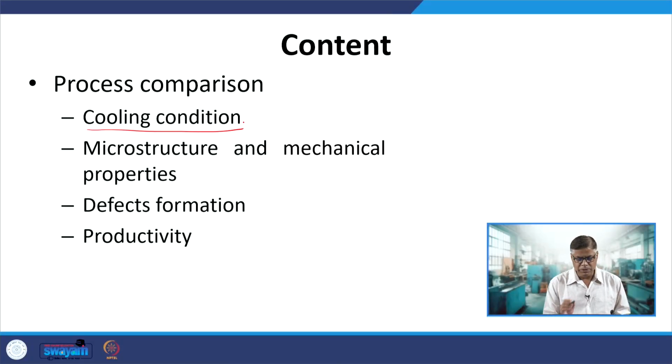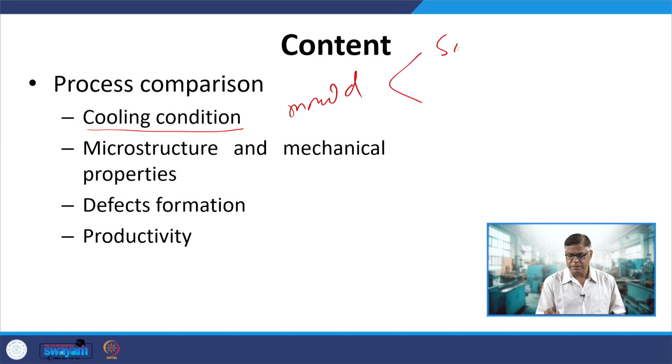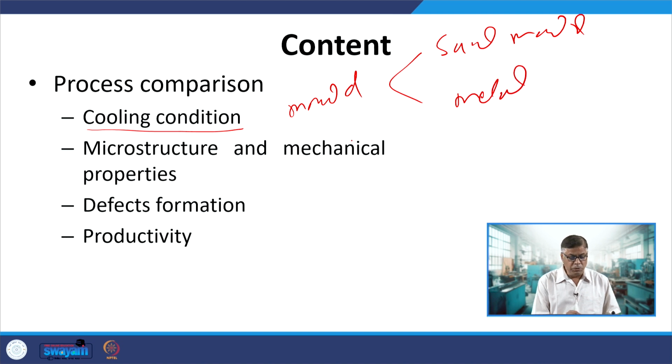One is the process comparison: cooling conditions. Because of the difference in the mold, the sand mold or the metallic mold, the cooling rates offered by the two types of mold are significantly different.